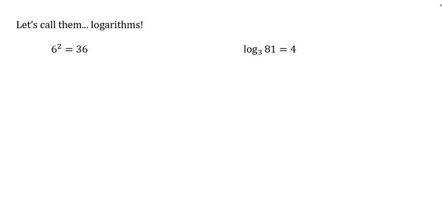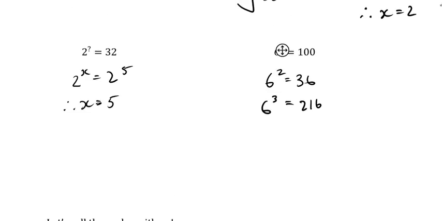If nothing else, I think the most important thing for you to think of is the base defines the operation that you're doing. This is a bit of a tricky thing, but if I'm doing 2 squared, that's different from 5 squared.